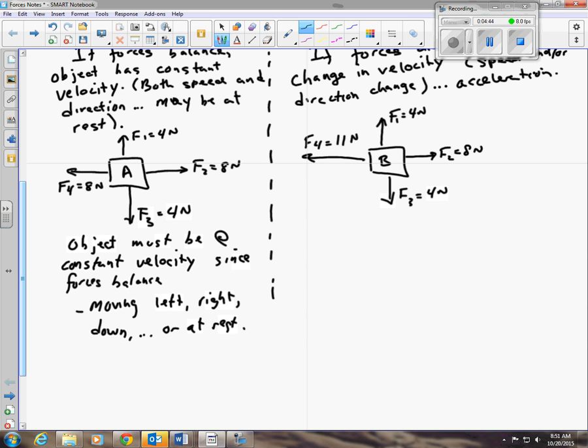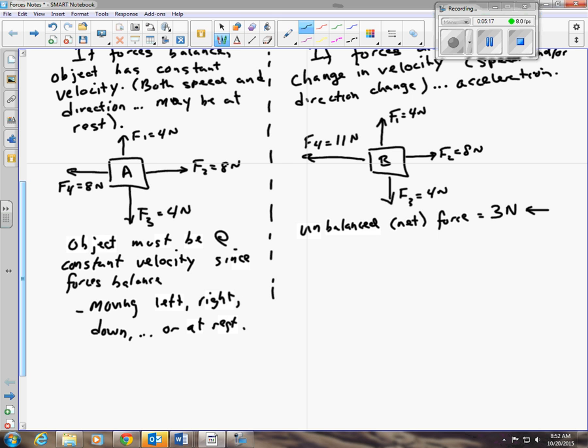My unbalanced net force is equal to... the 4 and the 4 up and down are going to cancel each other. I have 11 on one side and 8 on the other. 8 of that 11 is balanced by 8 on the other side, but 3 of it is not balanced. So the unbalanced net force is 3 newtons to the left.